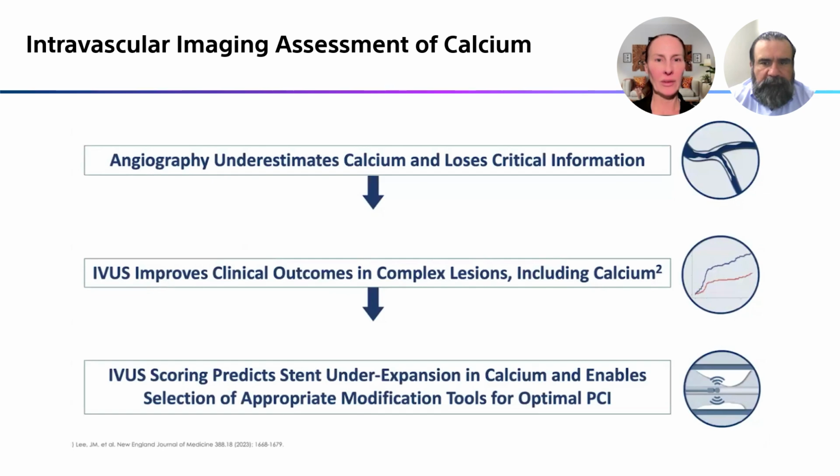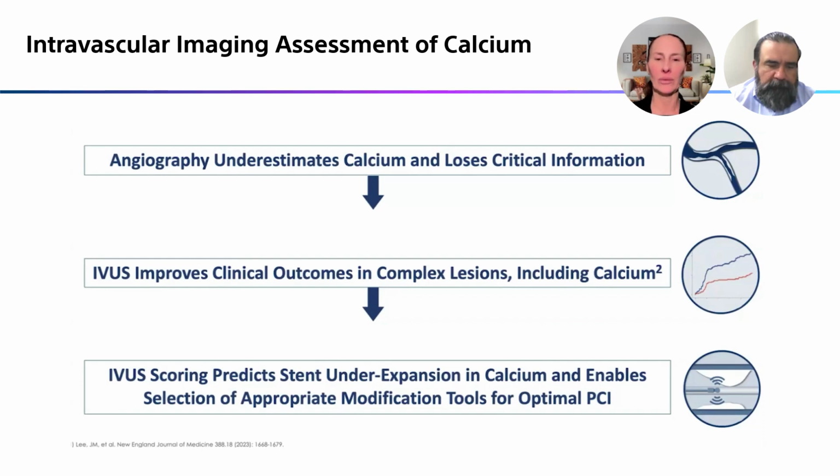So just to wrap up with intravascular ultrasound, I would say 100% angiography underestimates calcium. I've seen this over and over in my own career, and I'm sure you have too, Salman. Intravascular ultrasound, hands down, helps us determine exactly what that calcium looks like in the vessel that we can't see angiographically.